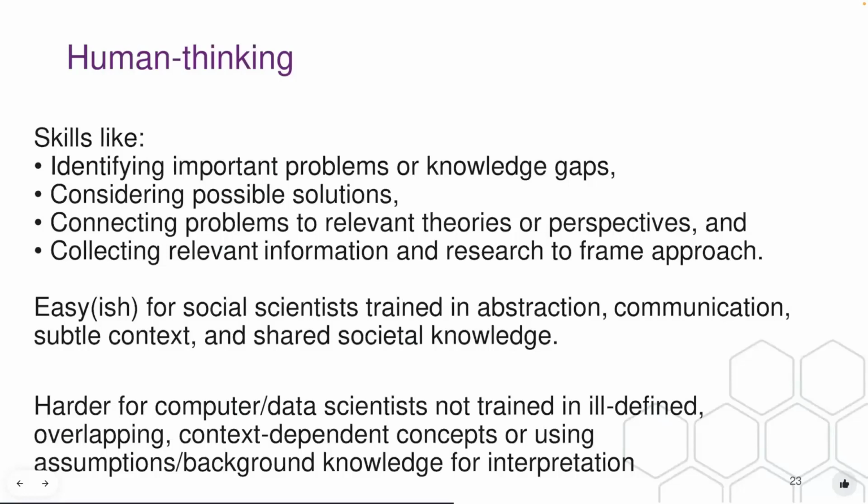The ability to understand context and nuanced perspectives, how to communicate abstract ideas, and how to really attack a research question. Whereas this might be an area where computer scientists may struggle as they're more used to those concrete definitions and absolutes rather than these gray areas or more murky social science concepts. So that's going to be the first thing that you need.